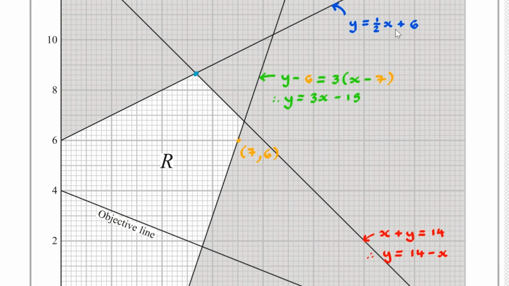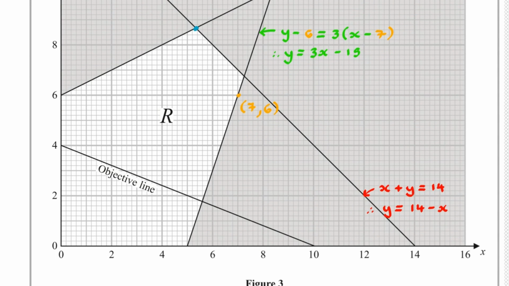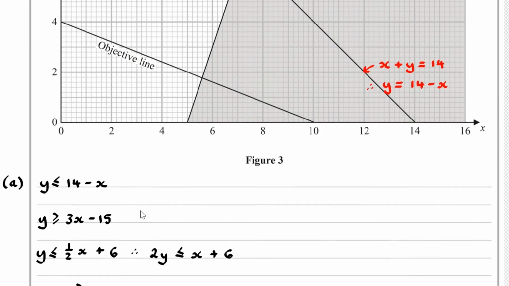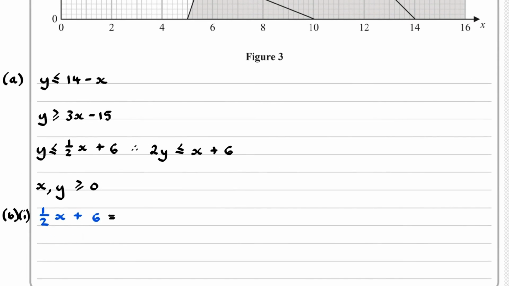So what I can do is set 1/2 x plus 6 equal to 14 minus x. So for part B, for the first part, I set the 1/2 x plus 6 equal to the 14 minus x.